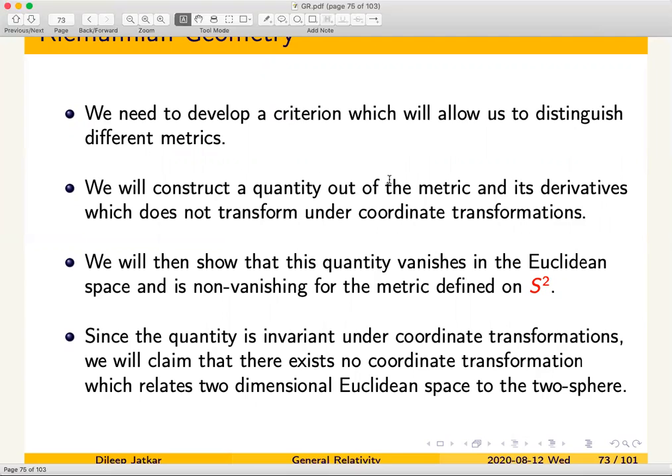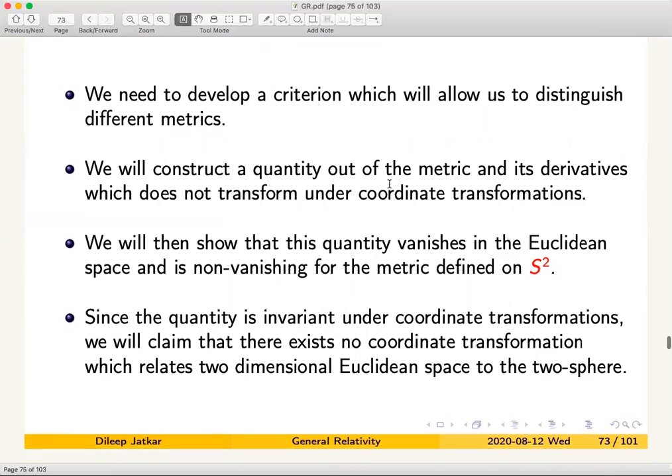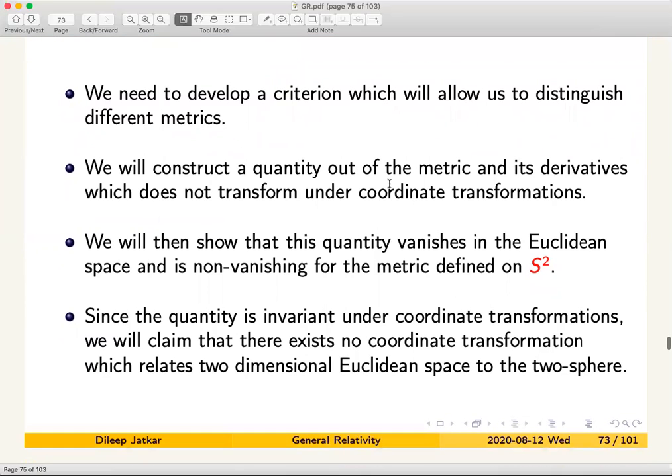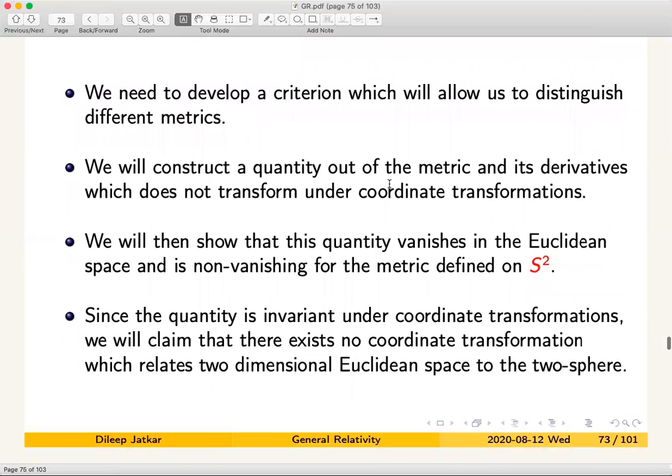Okay, so we decided that the relevant quantity should be a scalar under general coordinate transformations, and we want to construct a scalar out of the metric, because the metric defines geometry on these spaces.